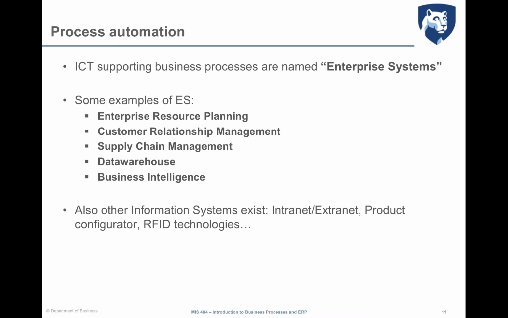And in particular, when we speak about the overall information and communication technology supporting business processes, we refer to them with the name enterprise system. Enterprise systems are all the information systems supporting business processes, and the most diffused, most important, and most renowned are enterprise resource planning, customer relationship management, supply chain management, data warehouse, and business intelligence.